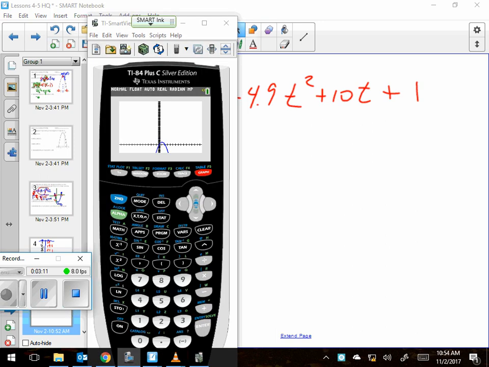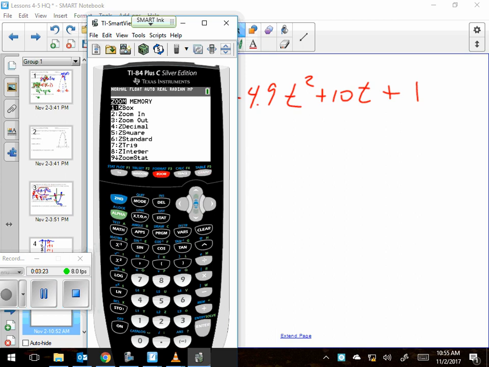Okay, so when I put this in and hit graph, you can tell mine really is zoomed in a pretty bad spot. If you can't see the graph, you want to zoom out far enough so you can see it. But now that I can see it, I need to kind of zoom in. I personally like the zoom box, so I'm going to show you again how you do zoom box. I'm going to box in the area that I want to see better. I'm going to start the upper left-hand corner of the box first, about there.